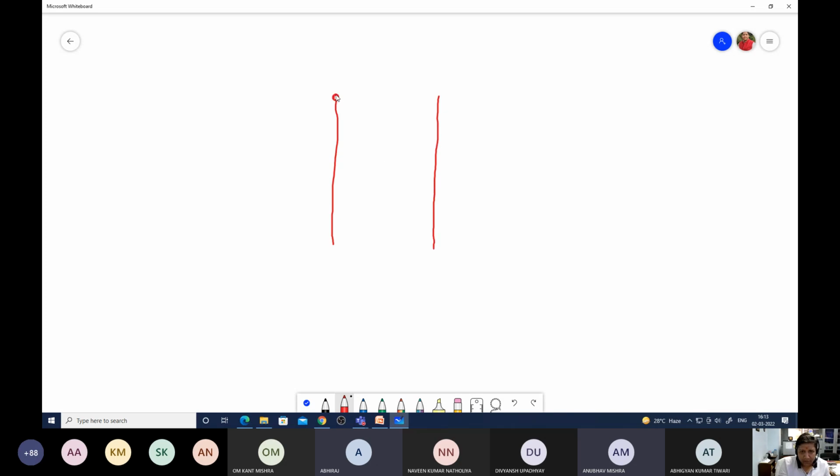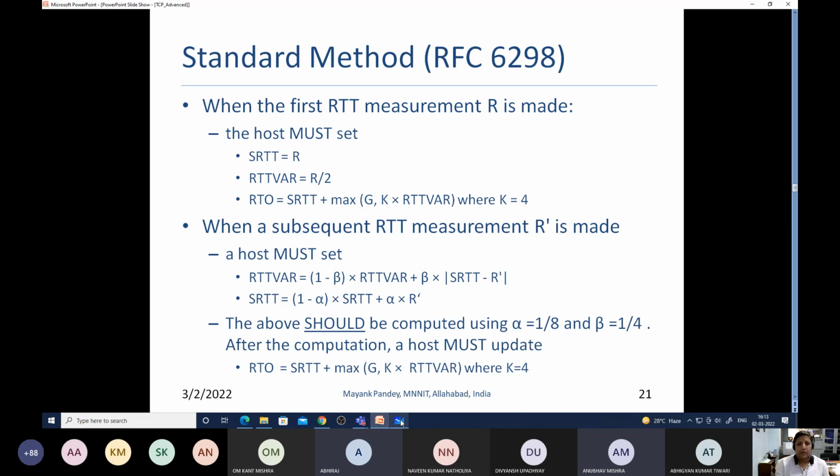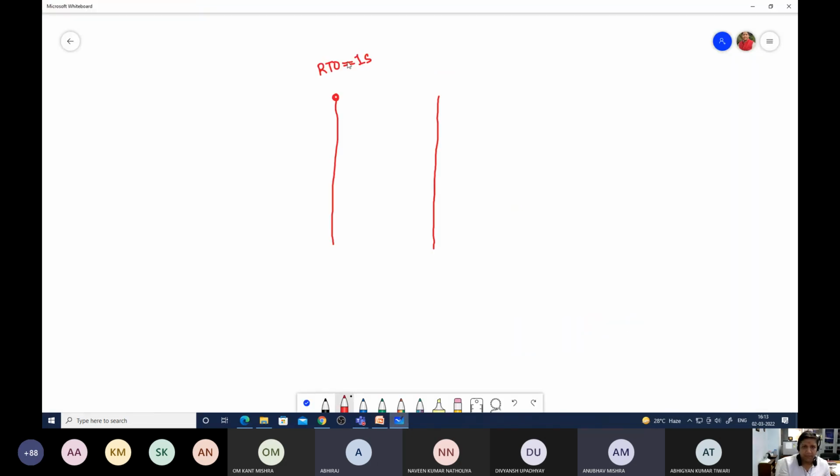So when you send the first packet of this connection, your RTO would be taken as 1 second. RTO would be set as 1 second. Now, when the first RTT measurement is made, so measurement will be made when you send the packet and you receive the acknowledgement. So this is the first RTT measurement.